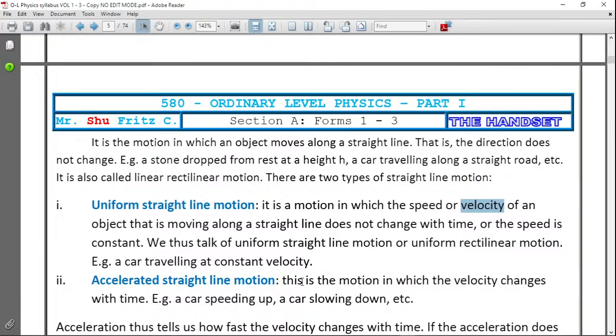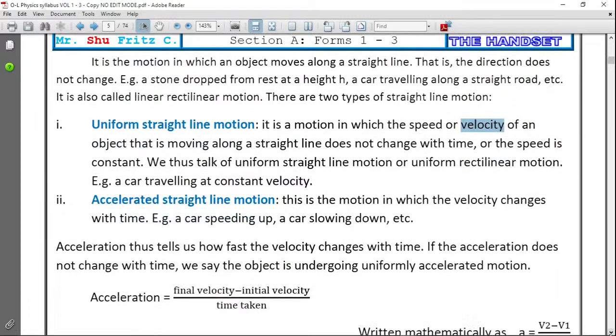So the acceleration can be positive if the object is speeding up, or negative if it is decelerating.